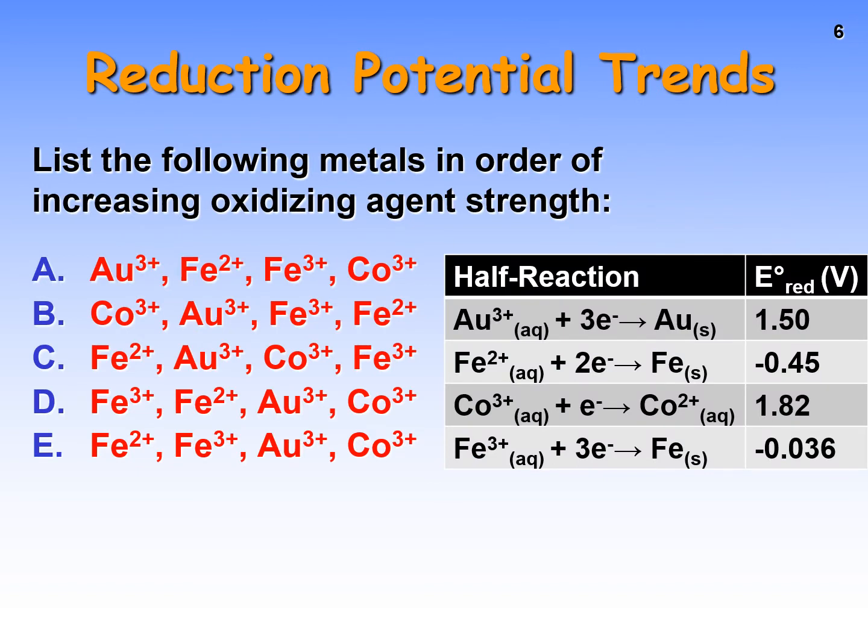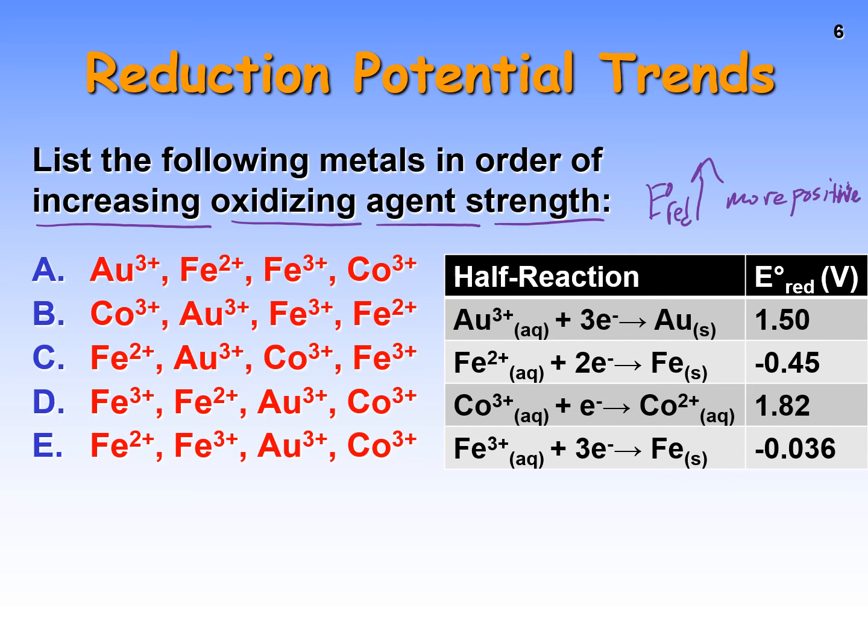So one more problem. List the following metals in order of increasing oxidizing agent strength. This means E not red, more positive, is what we're looking for here.